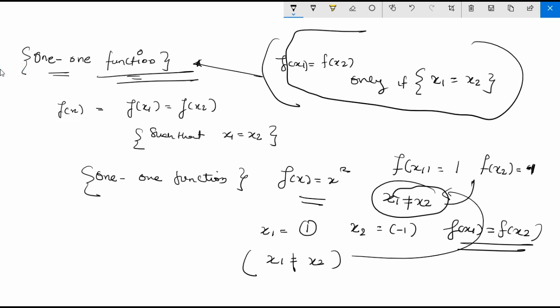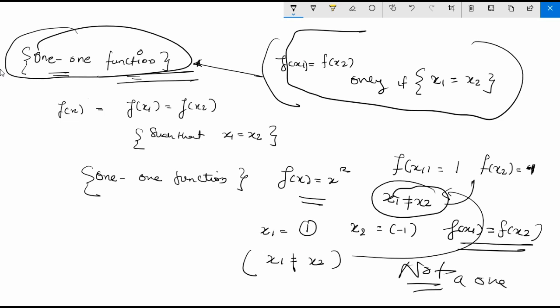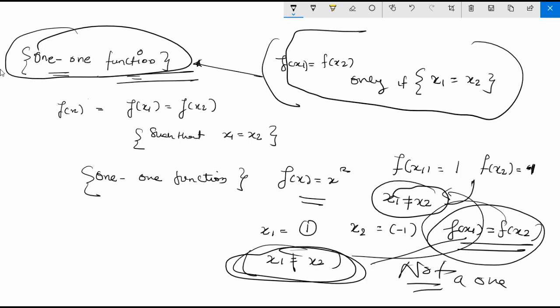So this is not a 1-1 function, because x1 is not equal to x2 and still f of x1 is equal to f of x2.